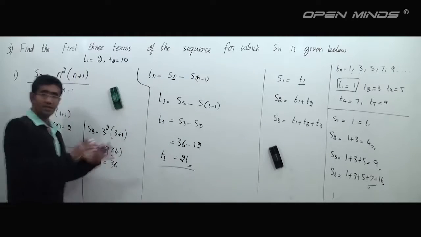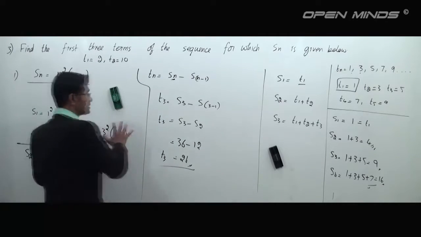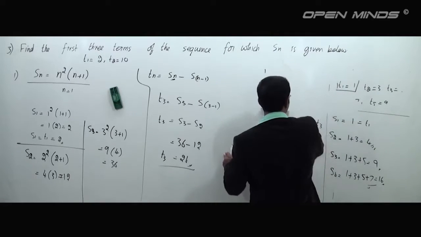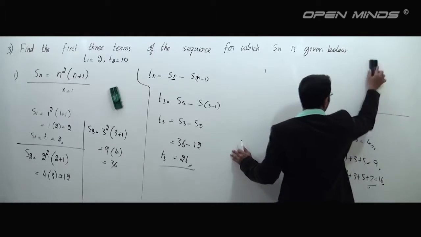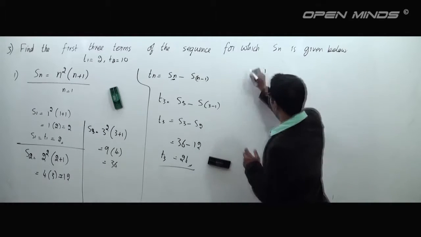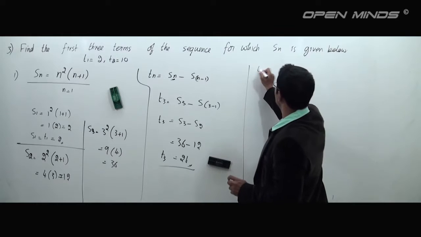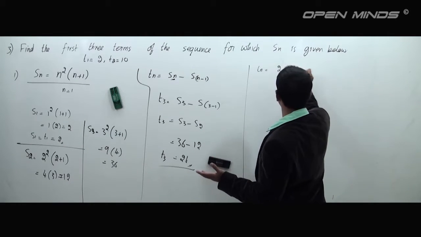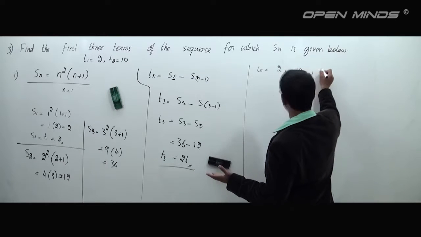Now let's try to understand this whole thing back again. The best thing is, if I have to write the sequence back again, let me write that. My terms, the Tn. The first term is 2. The second term is 10. The third term is 24.